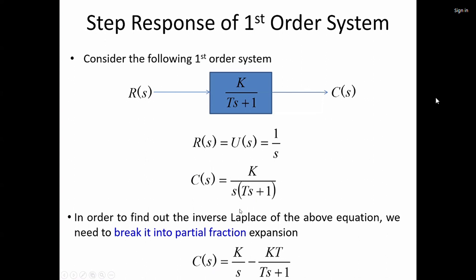That is why we have written it in this form. But they are the same thing, right? You can see if you take the LCM of s into ts plus 1, here you get kts plus k, and here you get minus kts. So minus kts plus kts will cancel, and you will only get k divided by s into ts plus 1.